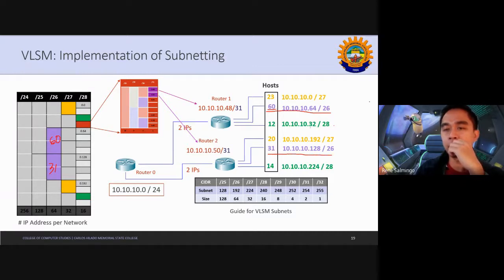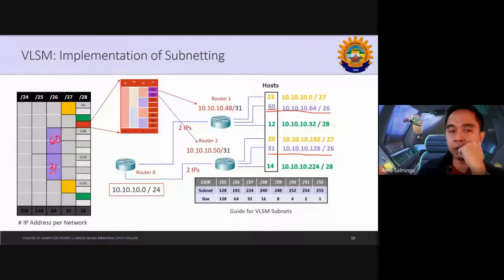Now we go for the second highest values of hosts, that is 23 and 20. Since we are looking for 23 hosts, we have 32. If you divide this 64 into 2, you have 32 and another 32 here.